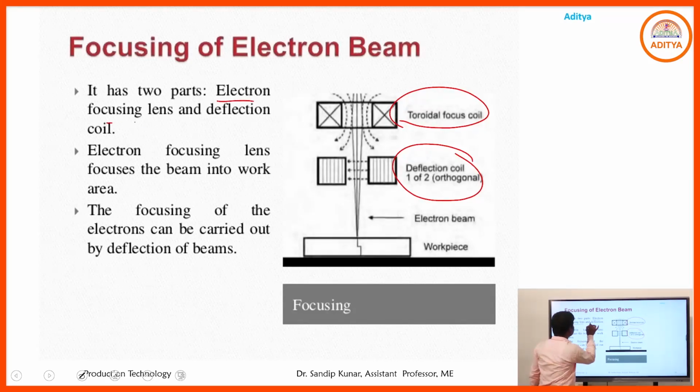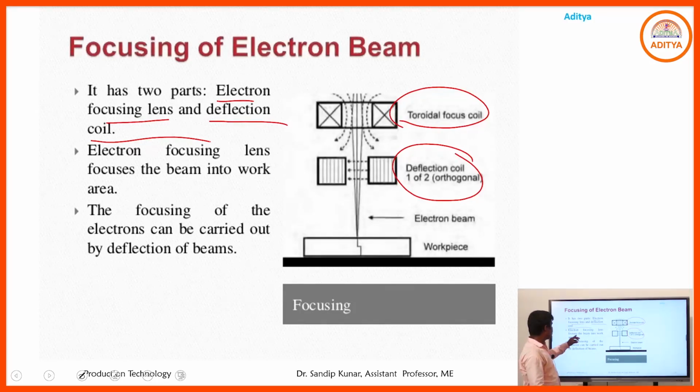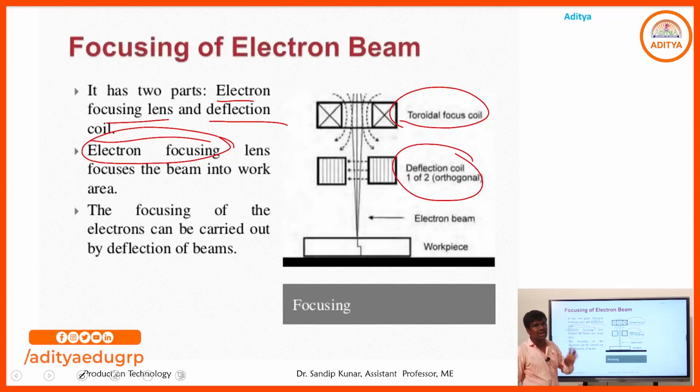Two parts: electron focusing lens and deflection coil. The electron focusing lens focuses the beam into the work area. Means the focusing lens of the electron beam setup helps to focus the electron beam to the particular workpiece area, means to the weld face of the workpiece.